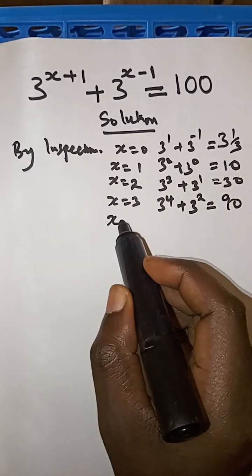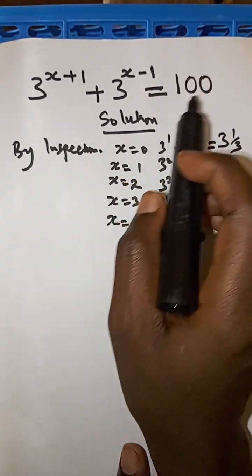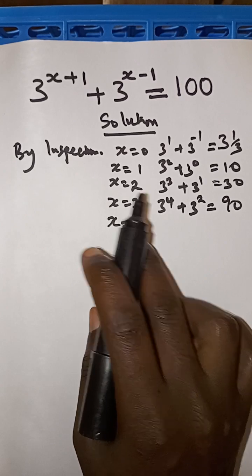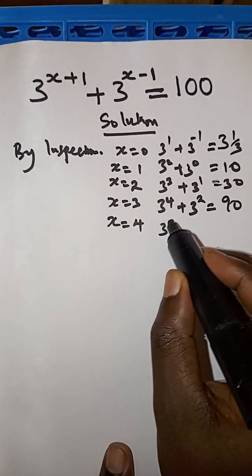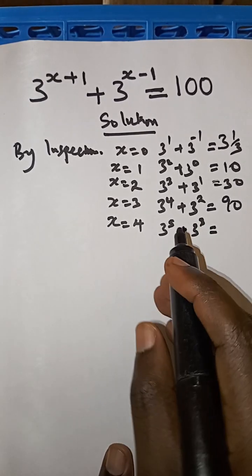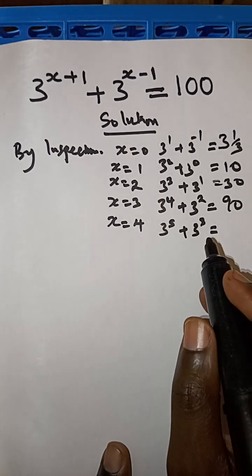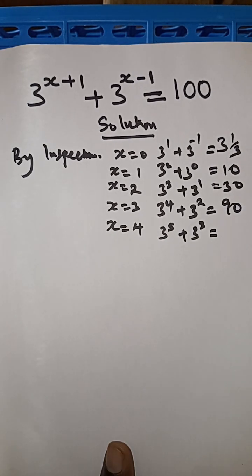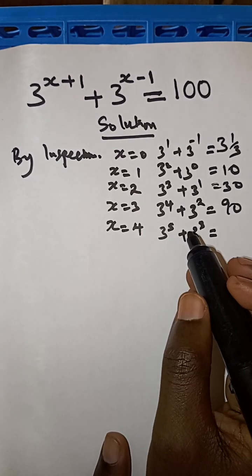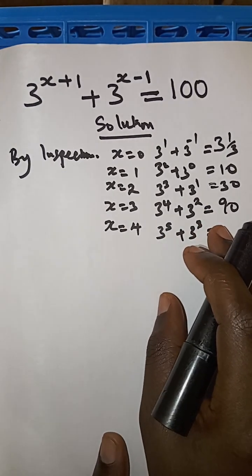Let's go to x equals 4, because our aim is to ensure that we get 100. When you use x equals 4, we're going to get 3 to the power 5 plus 3 to the power 3. So when you take 3 to the power 5, you're going to get 243 plus 27.